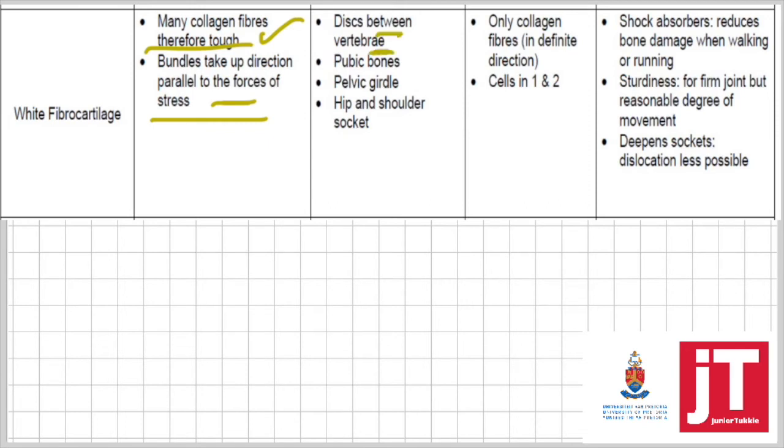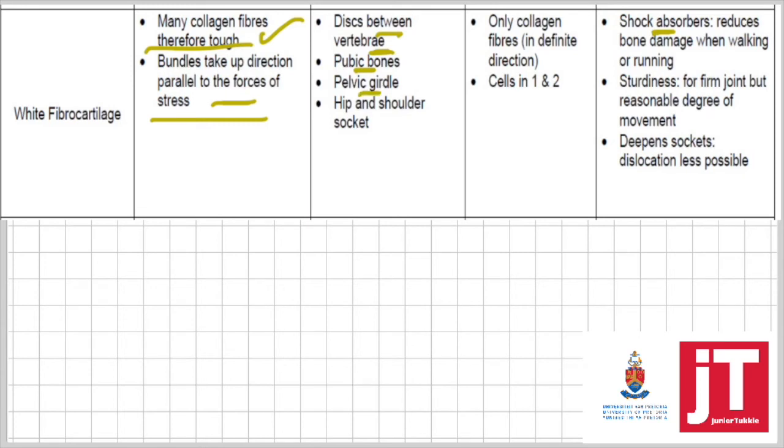In between your vertebrae. So, in between your vertebral column, there is white fibrocartilage. So, as you are walking, every movement you are making, that cartilage is absorbing the shock. And it's not allowing the vertebrae to absorb the shock as well. So, it's preventing the vertebrae from getting damaged. In between the two pubic bones, it allows for support and forms the hip bone.